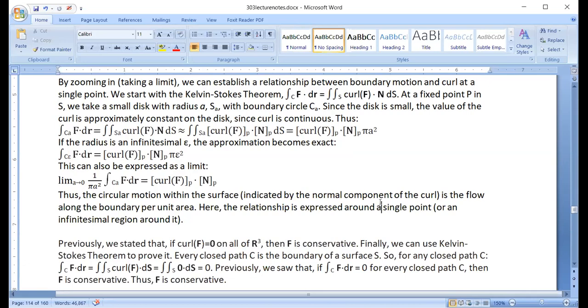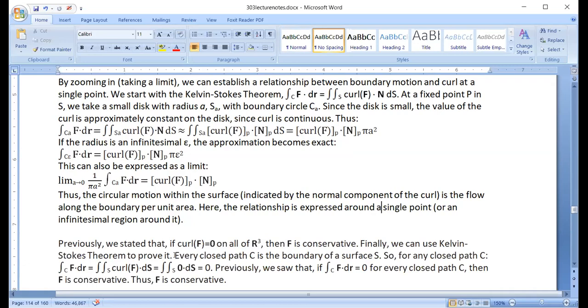Now that we have Kelvin-Stokes theorem, we can finally do this proof, and with Kelvin-Stokes theorem, it's actually very easy. First of all, every closed path C is the boundary of some surface S. That's possible to prove, but we'll just say that intuitively, this is obvious and it makes sense.